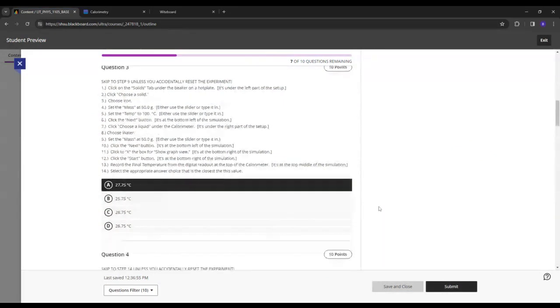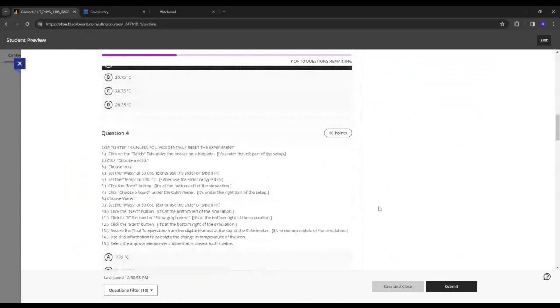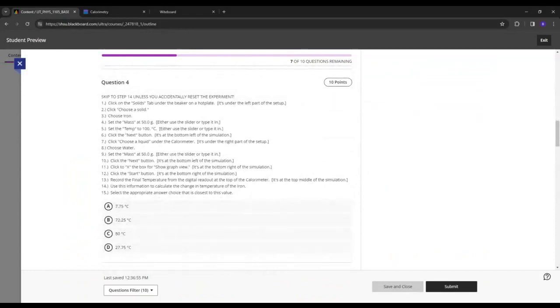A lot of this is the same as what we did before. Again, reading the instructions here skips to step 14 unless you accidentally reset. If you reset early, you'd have to rerun that whole first part. So hopefully you didn't. We want to look at that final temperature and some of our earlier settings, and figure out what was the change in temperature of the iron.